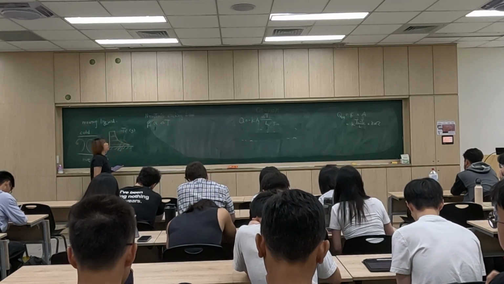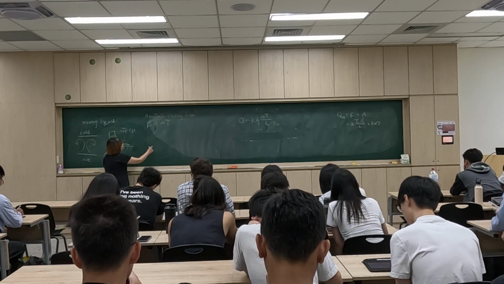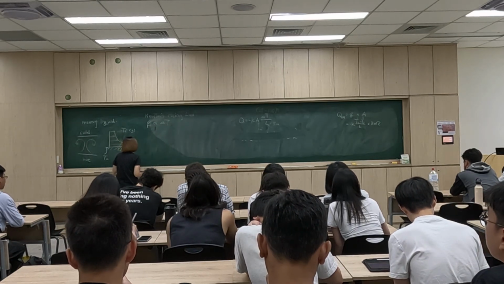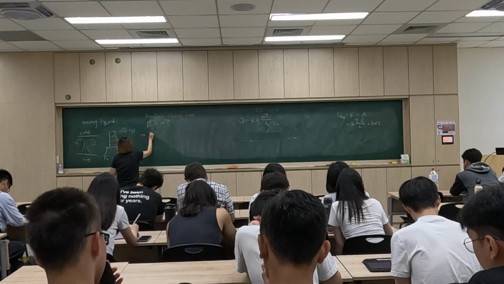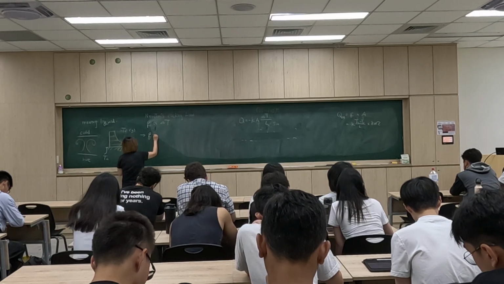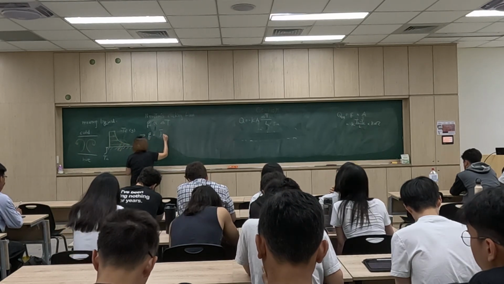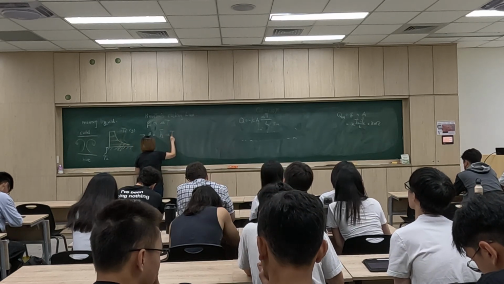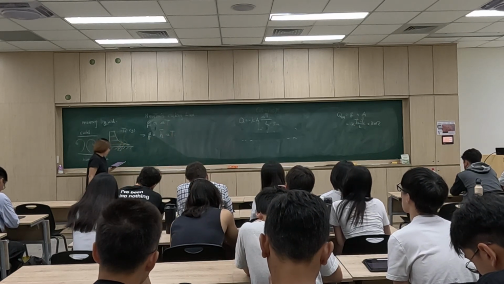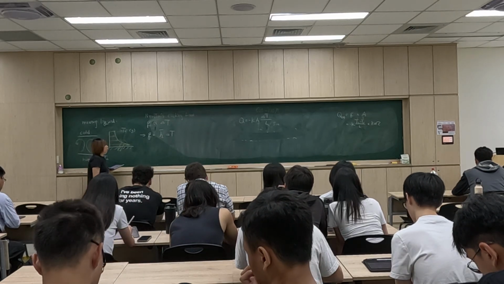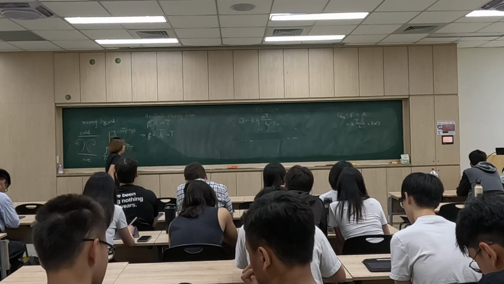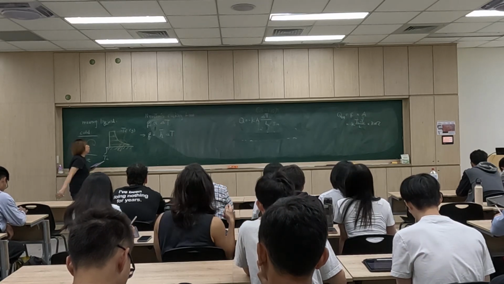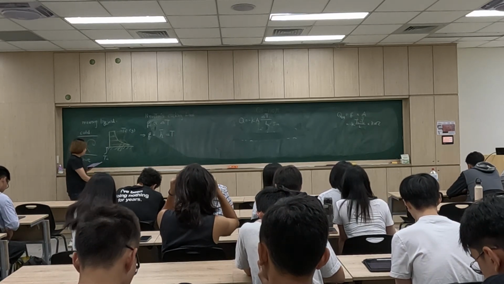Okay, so similar to conduction, there must be a coefficient here because it's proportional, right? So Newton defined this convection coefficient, called H. This is 热对流系数, the convection coefficient.